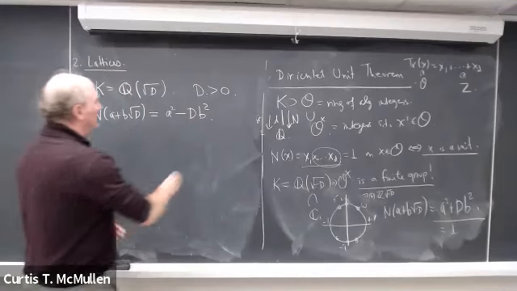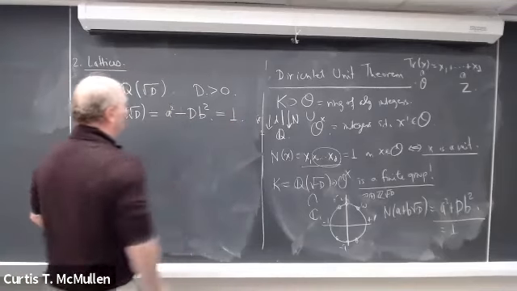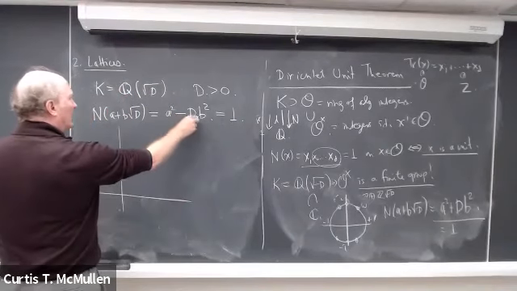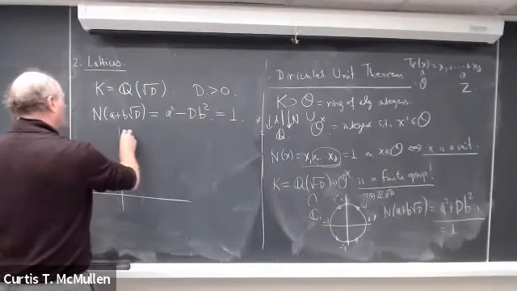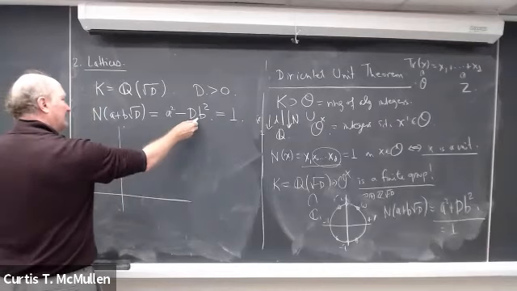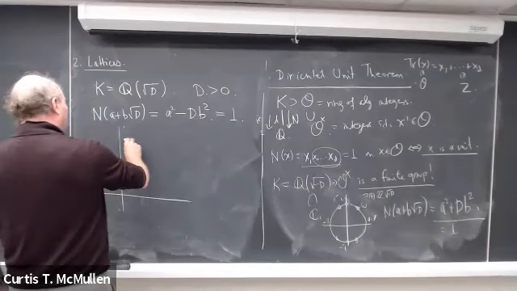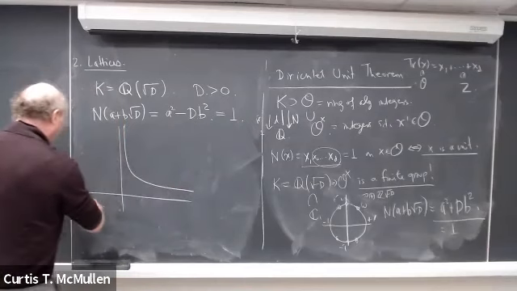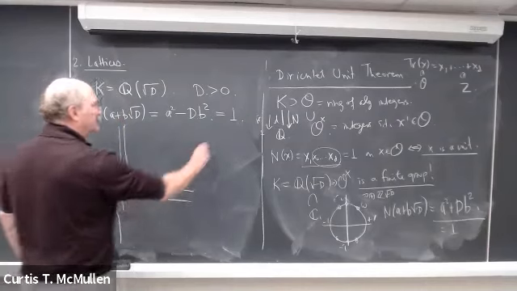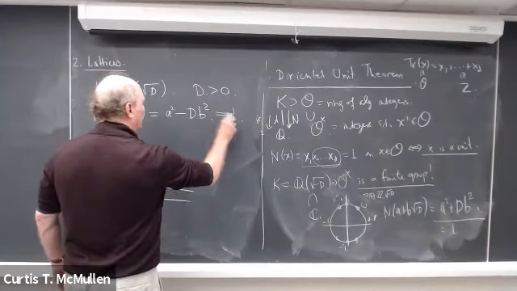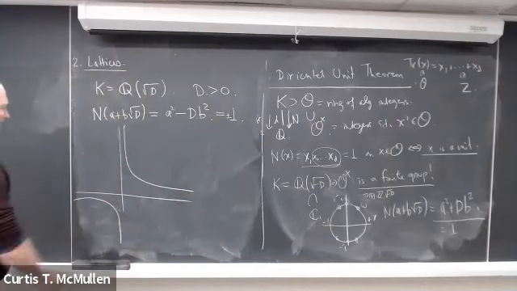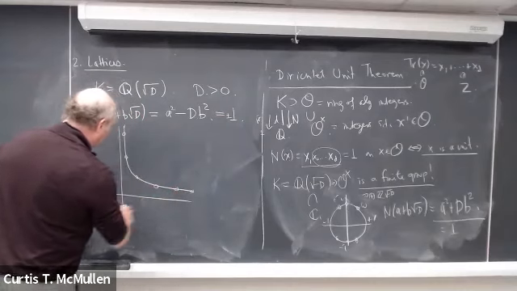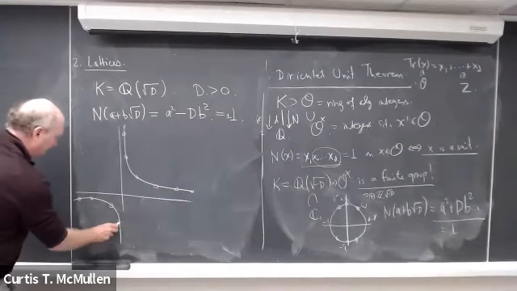And we're looking for integral solutions to this equal to 1. Well, the locus where a squared minus d b squared is equal to 1 is a hyperbola. So we're looking for points which in appropriate coordinates lie on a hyperbola like this. Actually, we could put plus or minus 1 here. Should have done that earlier. And we have infinitely many chances to find integral points.